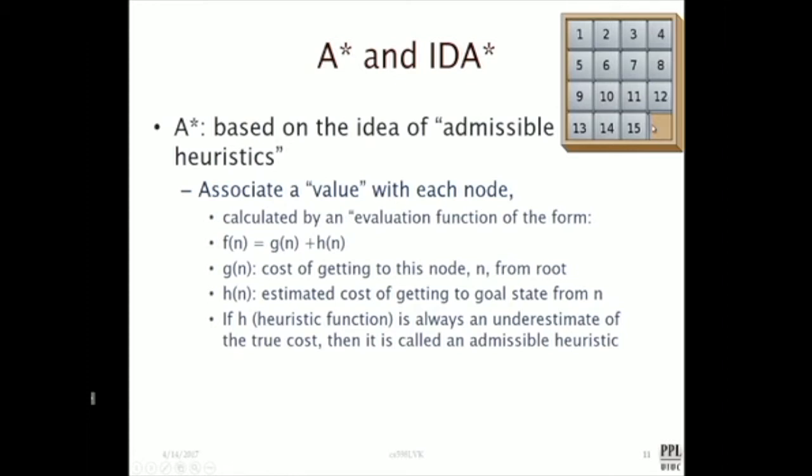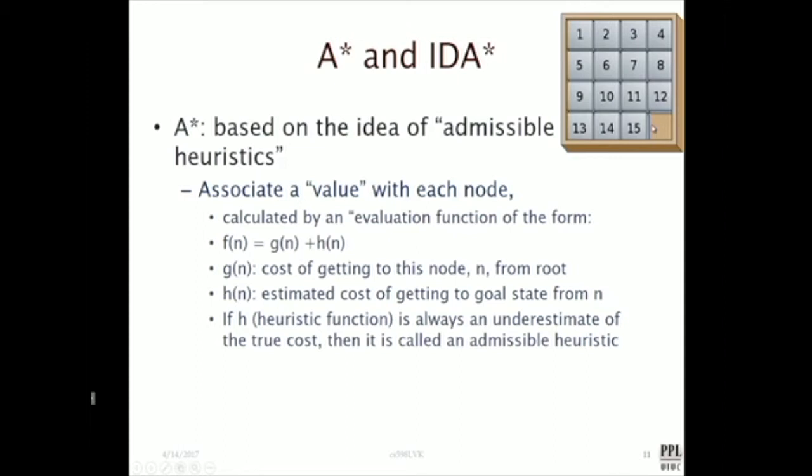So in formulating this, you can formulate it as a state space search problem, right? But one interesting thing you can do is define a value at each node such that g(n) is the cost of getting to this node from the starting state, which is easy enough. You actually got there, so you know how many hops it took.